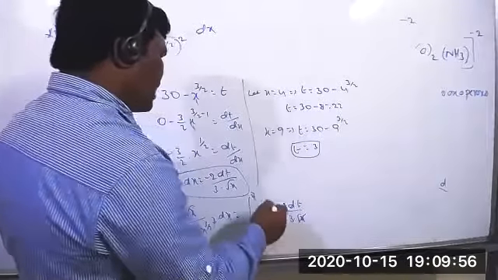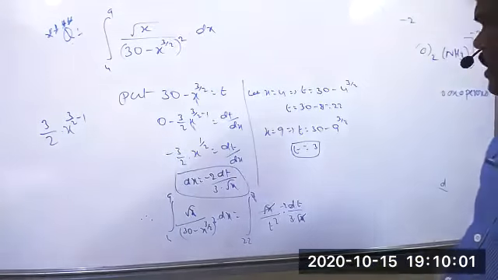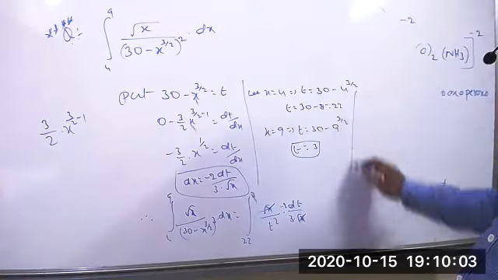So root x will be cancelled, and minus 2 by 3 can be taken outside.